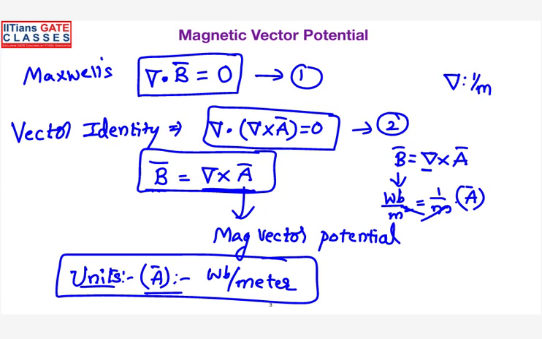So the final conclusion is: in magnetostatics, the scalar potential will not exist and the magnetic vector potential will exist, where we can represent the magnetic flux density as the curl of the magnetic vector potential. We'll do an extensive discussion on the magnetic vector potential in the last concept, called antennas.